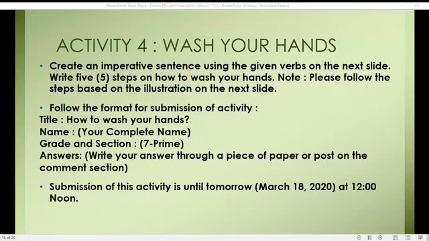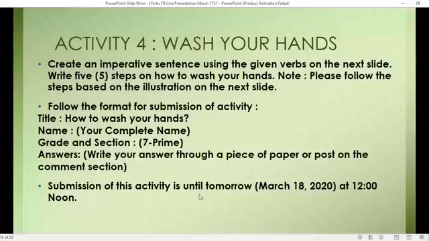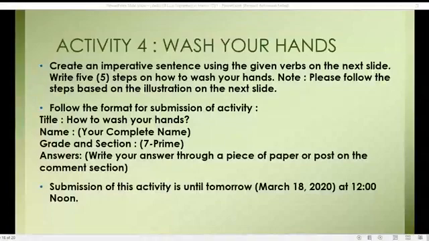Kasi pagka pinost ko pa dito at hindi ko ma-check ng isa-isa, magagahol tayo sa panahon. Ulitin ko po, 5 sentences or 5 basic steps on how to wash your hands lang. It is also open to all sections like prime, sampagita, gumamela, rose, and sunflower. Kasama po ang sunflower dito, since si Ma'am Gina din ay grade 7.